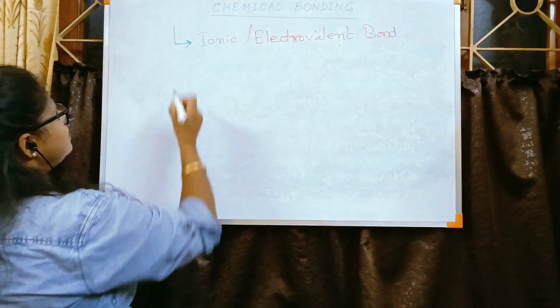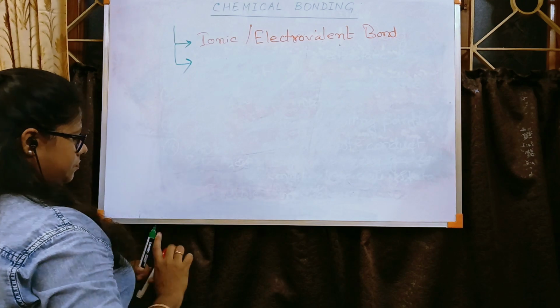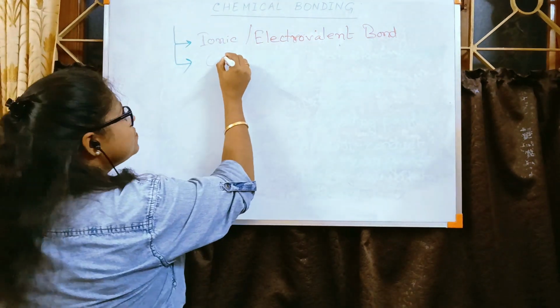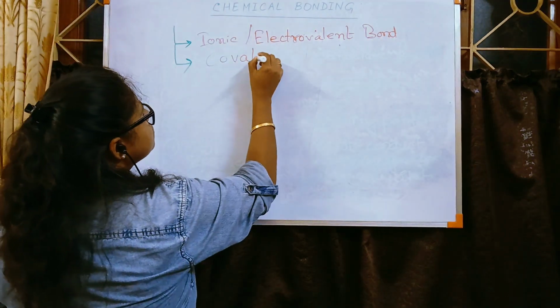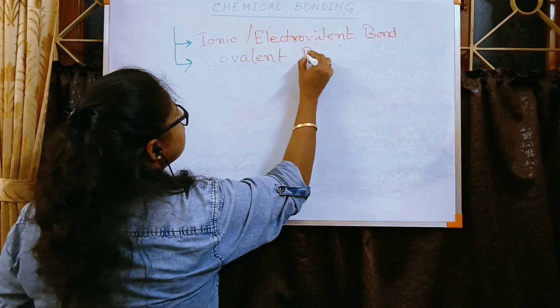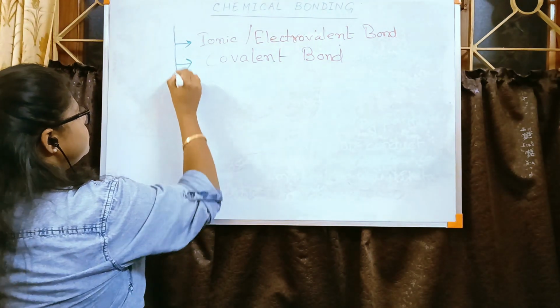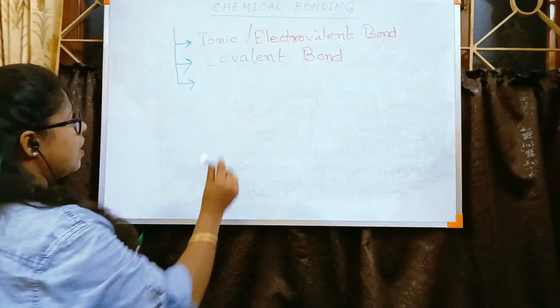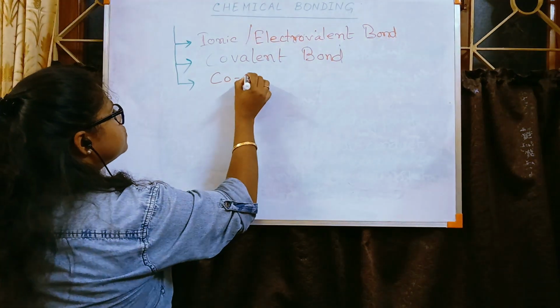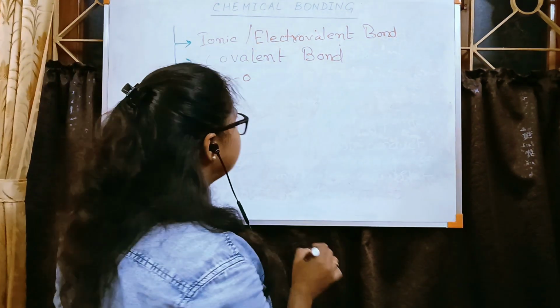Next one we get is covalent bond. And the last one is coordinate bond. It is also known as dative bond.